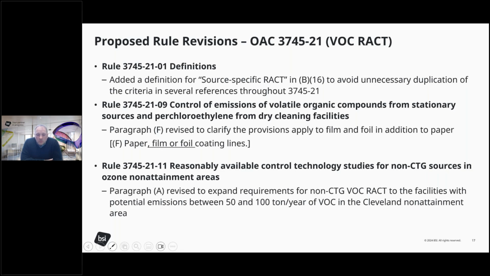So again, this is to be consistent with the new definition of major source for serious non-attainment areas. So if you're not one of the 40 source categories, or you're a non-CTG RACT source, you will need to conduct a RACT study if you have emissions between 50 and 100 tons per year. So that will now apply.